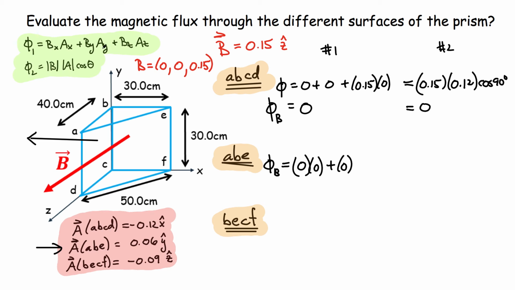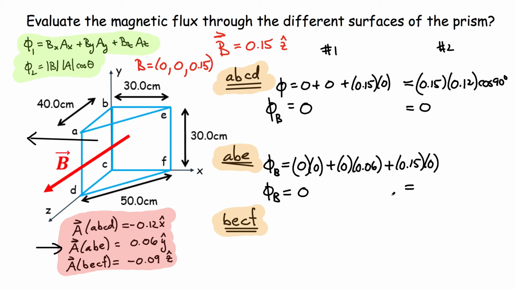And the component of the area along the y direction, yes, there is one here, but at the end it gets multiplied by 0, so it doesn't matter. We also have a z component for the magnetic field, but we don't have a z component for the area. So at the end, the magnetic flux going through the top surface over here has to be 0.